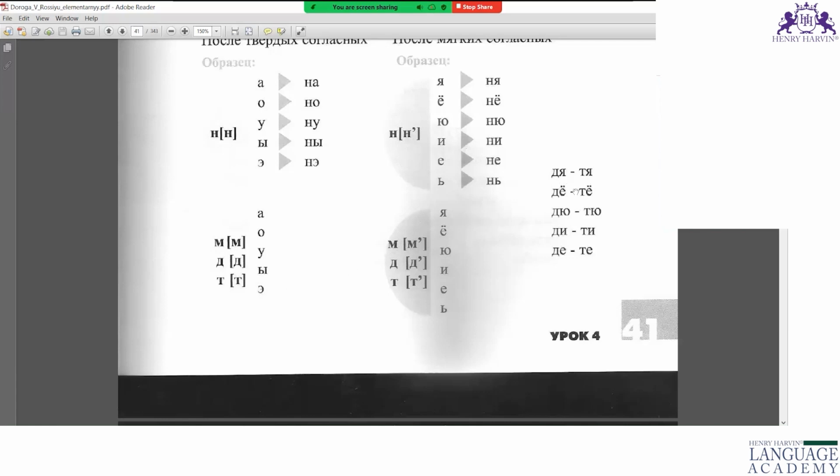Дя, тя, дё, тё, дю, тю, ди, ти, де, те. The soft ones: тя, дьо, тьо, дю, тю, ди, ти, де, те.